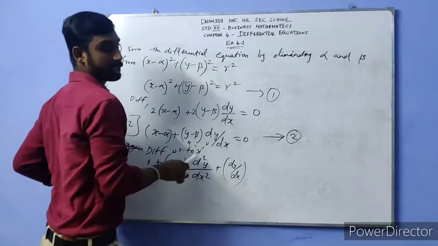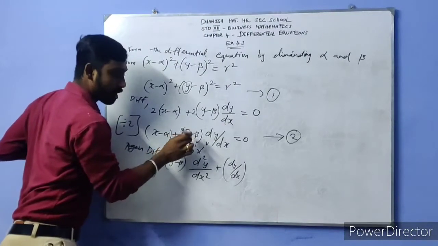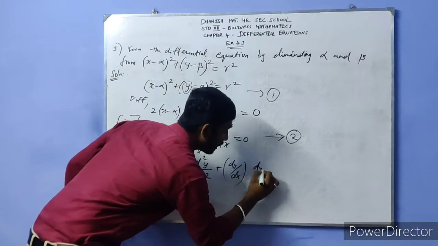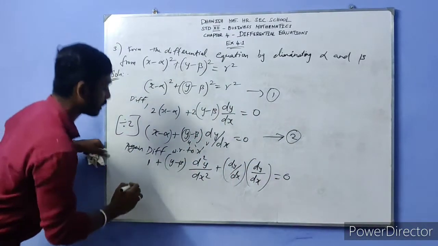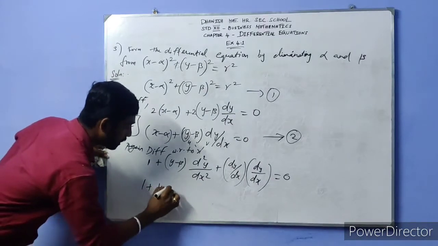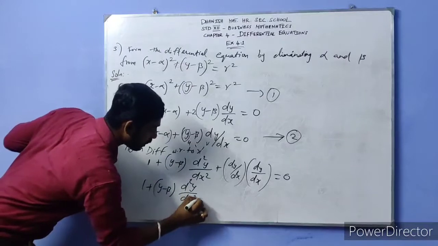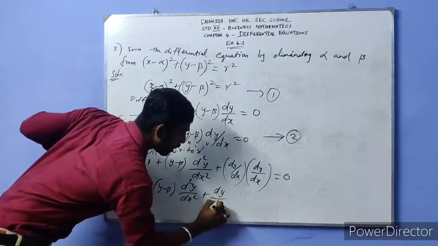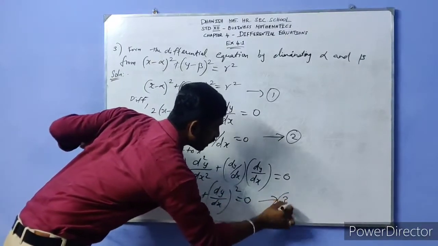Now we differentiate the other one. Differentiating y minus beta gives 0 for beta, and differentiating y gives dy divided by dx. So this is the UV method. Here 1 plus (y minus beta) d square y divided by dx square plus dy divided by dx the whole square equal to 0. This one is the third equation.